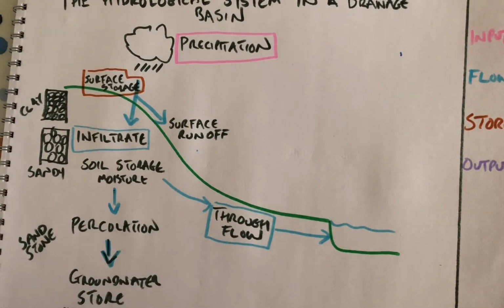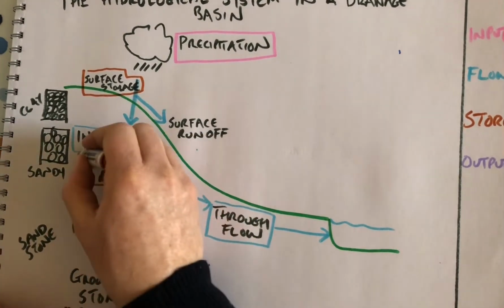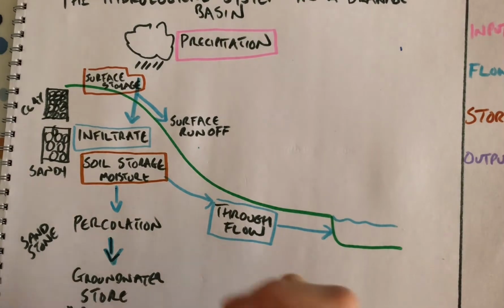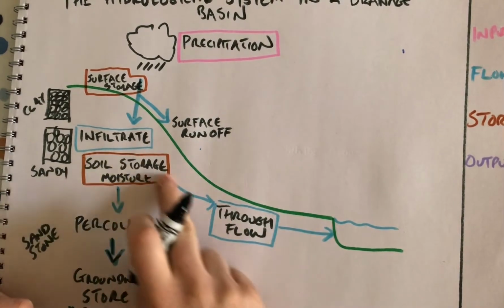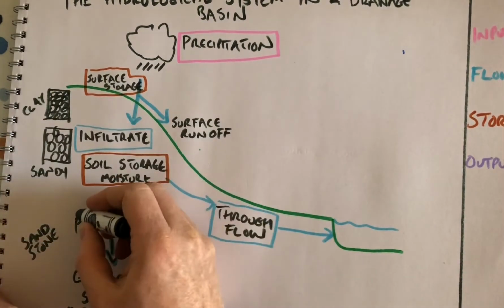So we've got storage in the soil, and we've got water that hasn't flowed through the soil downhill and into the river that way, but has continued vertically down into the hill.